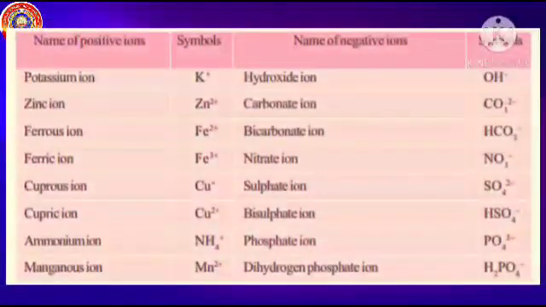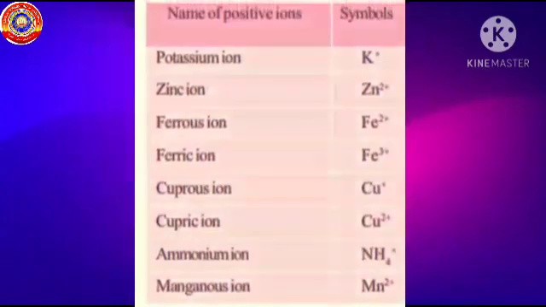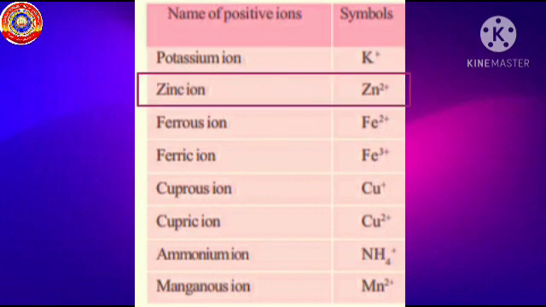Let me introduce you the name and symbol of some positive ions and negative ions. Cations and their symbols are given. Potassium ion, symbol K+. Zinc ion, Zn2+.